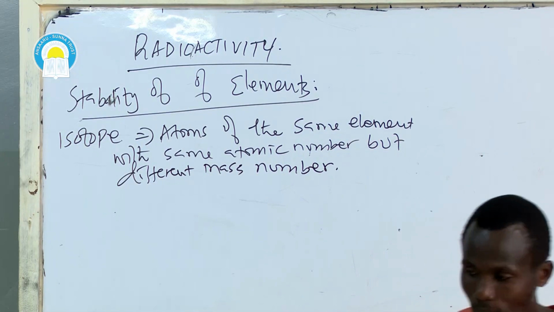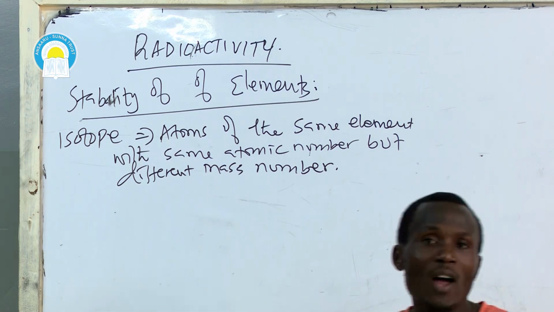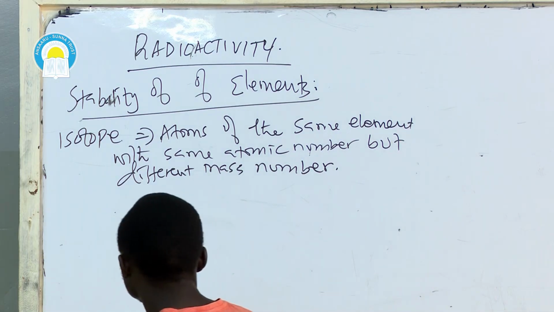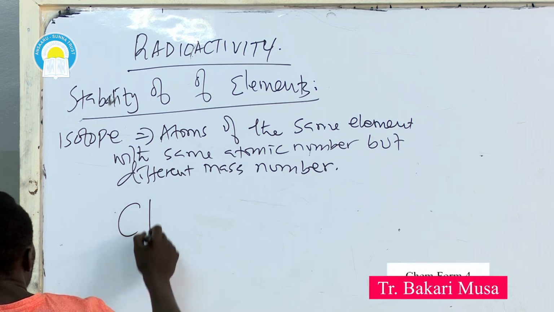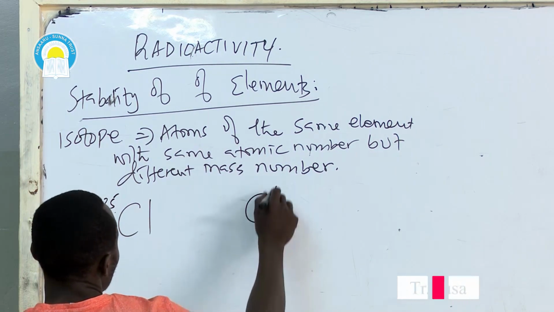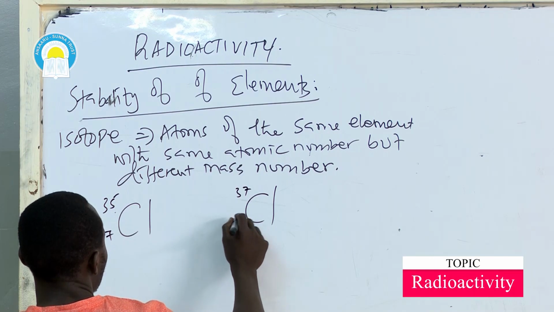Therefore, you will find that some of the isotopes have relatively more neutrons than the others. So the percentage abundance of those isotopes is more than the other. For example, if you look at chlorine, we have chlorine-35 and chlorine-37, with atomic number 17.